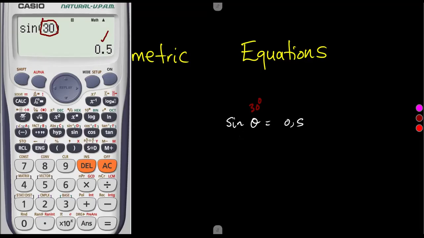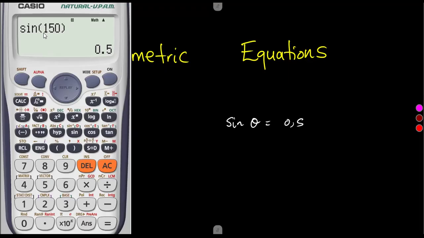But it is not only that, because if we were to take this into consideration, let us say we put 150 degrees here. I want you to see, same answer again, 0.5. So under trigonometric equations, we do not have one answer that we say is our only answer.